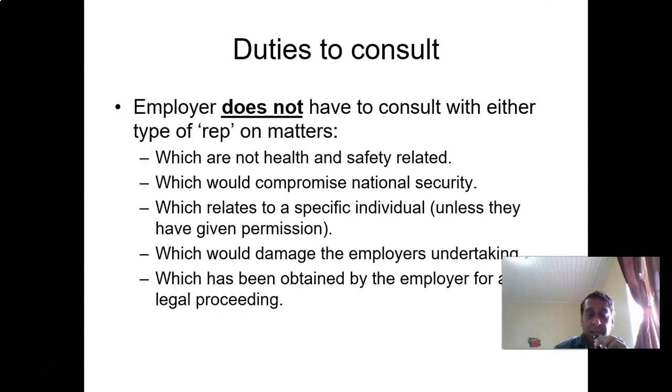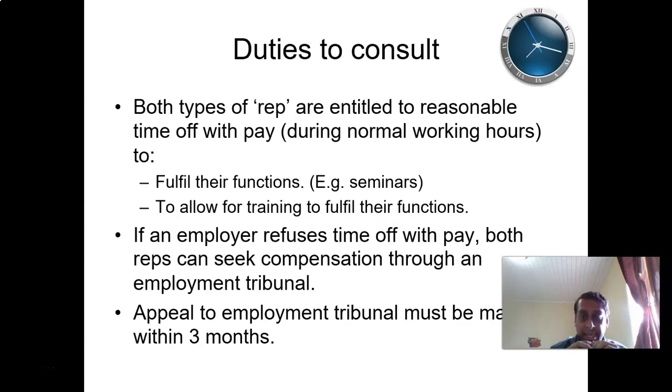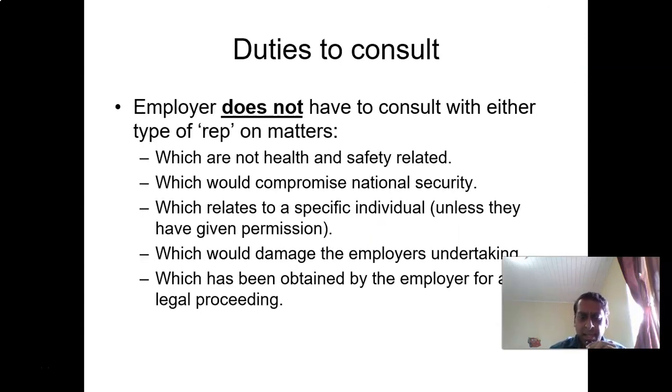The limit there though would have just been that both types of reps should do their job, and their job is representing the employees as well as the employer, vice versa, on matters of health and safety, right? They are not then to abuse their power. Their limited information would really be health and safety information, right?